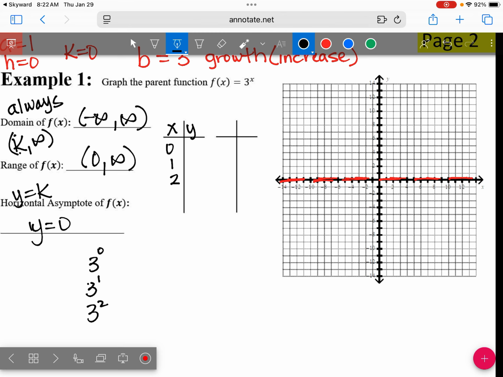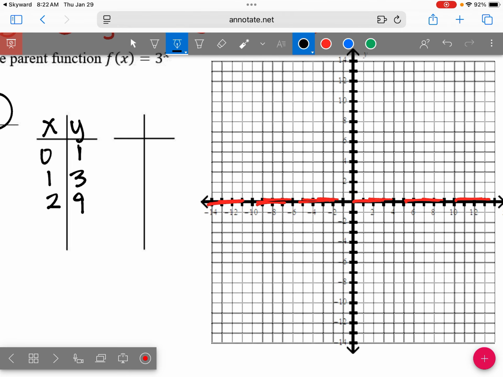Did you get 3 numbers? Now, anything to the power of 0 is going to be 1. So this first one is 1. 3 to the first, 3. 3 to the second, 9. So let's go ahead and graph it. So I got a point here.